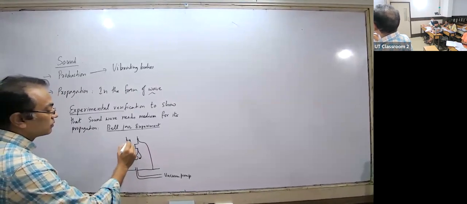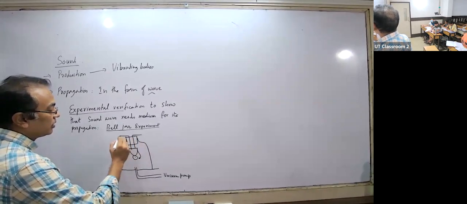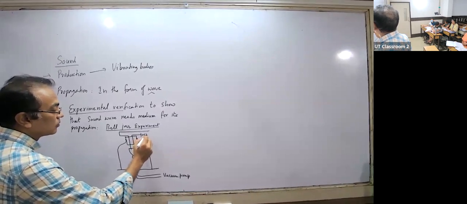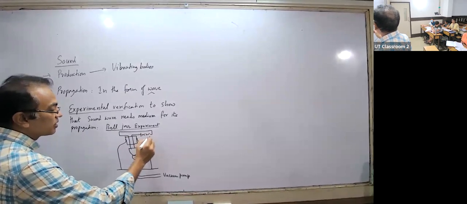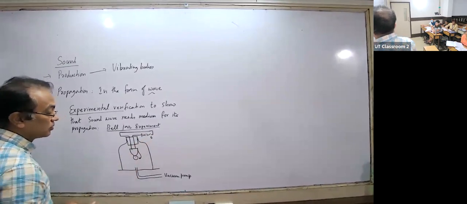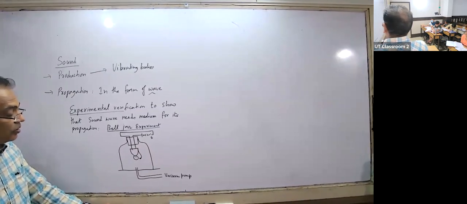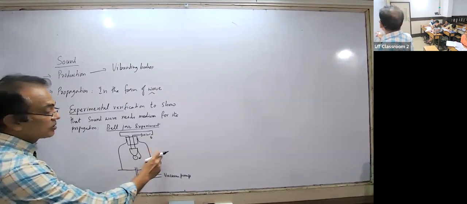Okay, so when the supply is provided, when this switch is pressed, what happens? This bell will begin to ring. So initially, that is the time the sound is heard outside.